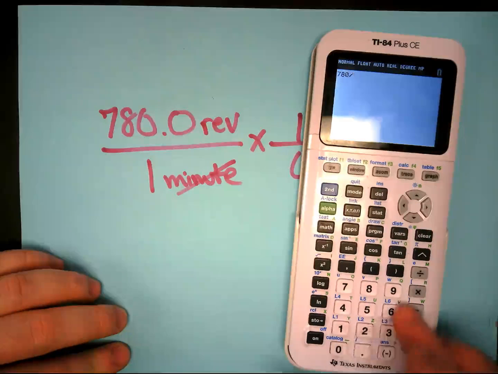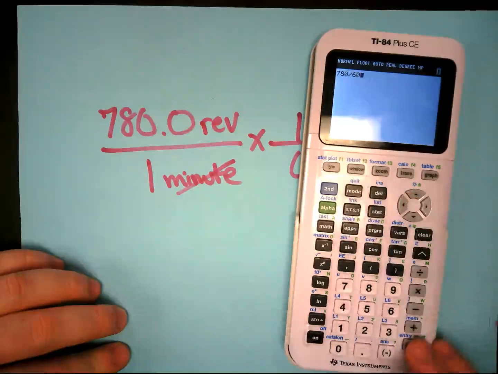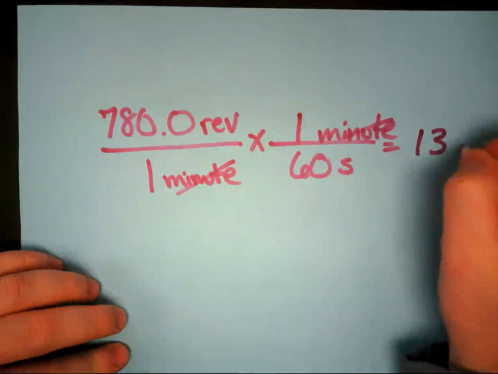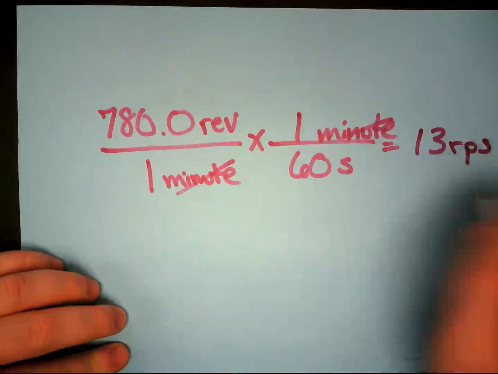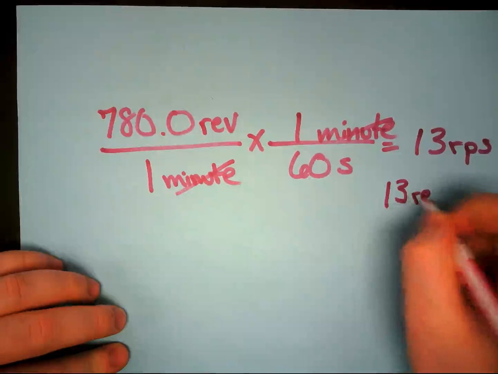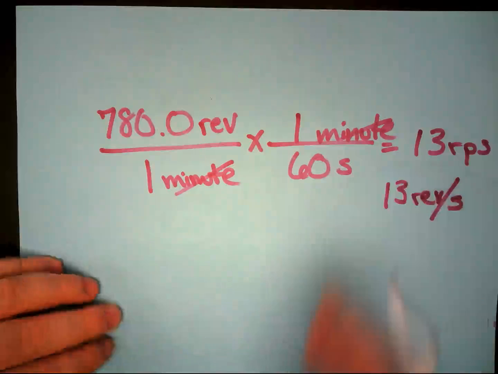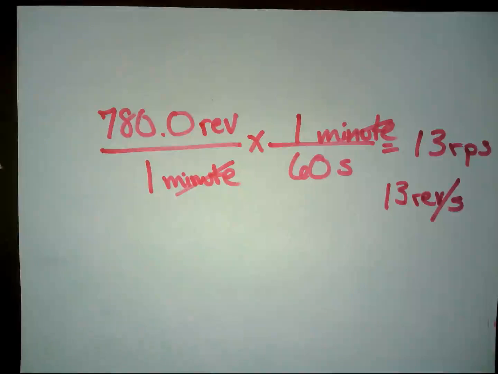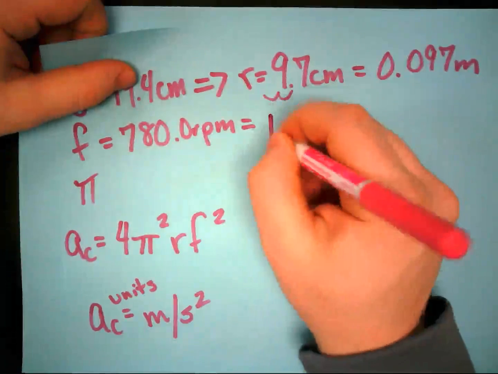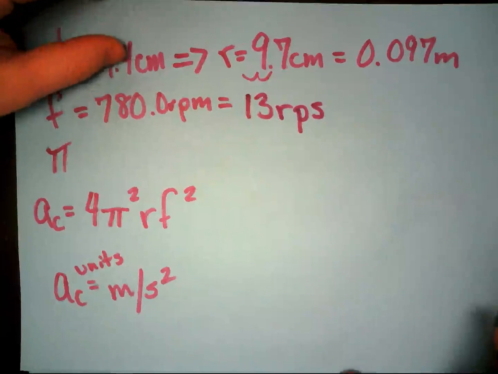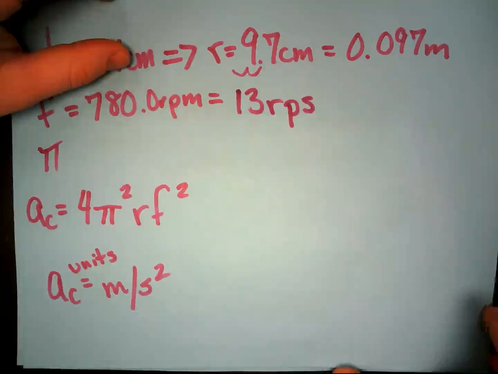So 780 divided by 60 gives us 13. So we have 13 revolutions per second, or you can write 13 revs per second. Either works. And I think we are good to go.